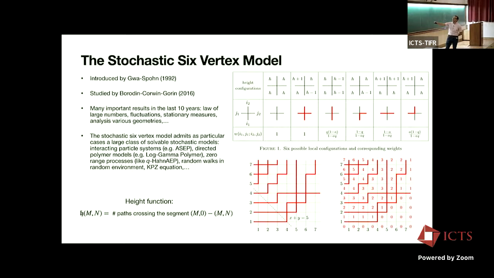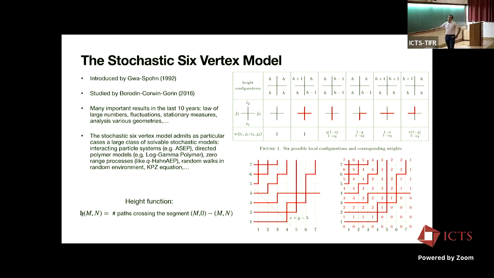Similarly, the path here is going to go straight or up following similar rules. So we keep updating the configuration of the paths, where at each new update we consider a diagonal. For example, this is the diagonal x plus y equal to 5, where new paths enter at the new location above, and we sample the random moves of the paths moving downward.